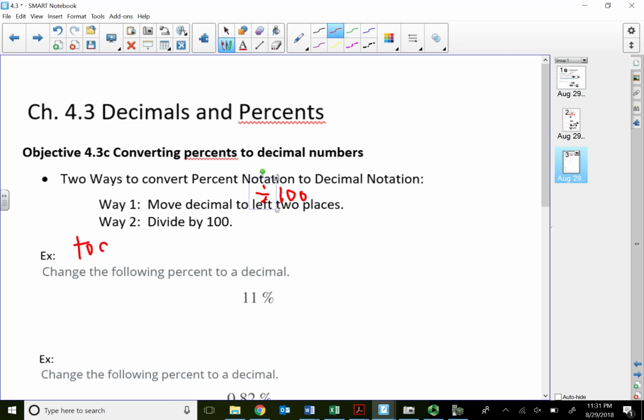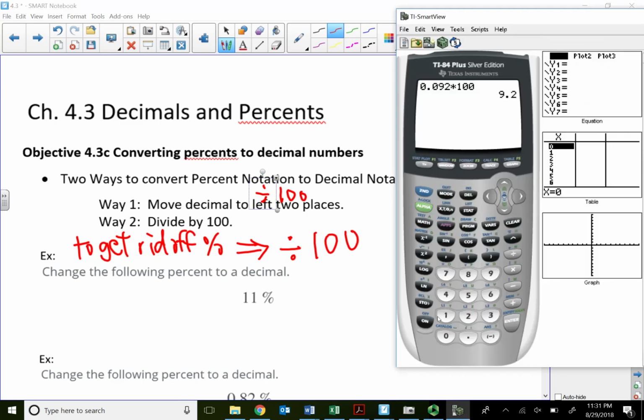To get rid of the percent, what do we have to do? We have to make sure we divide it by 100. So 11%, if you take 11% divided by 100, that will give you 0.11.